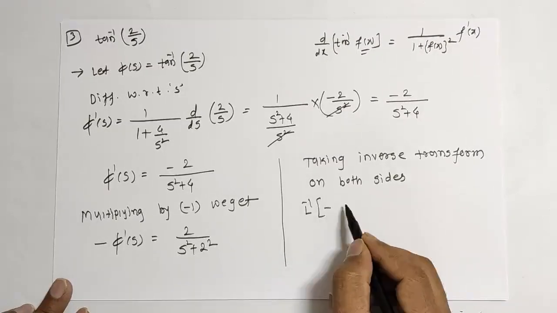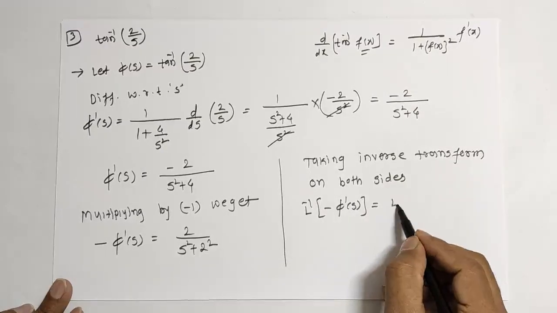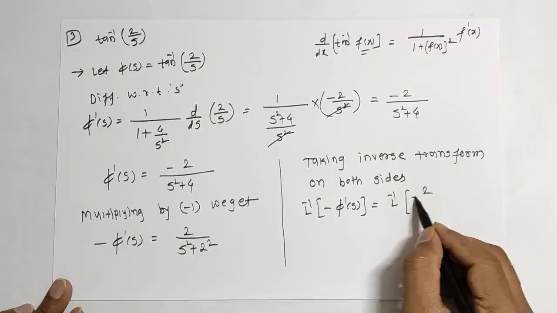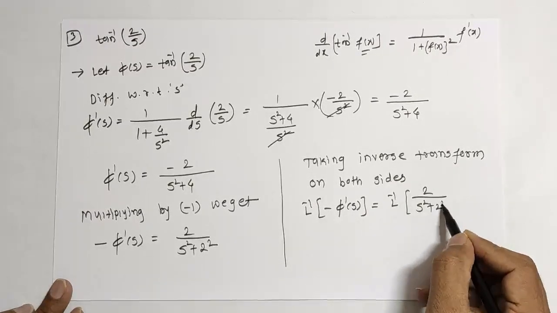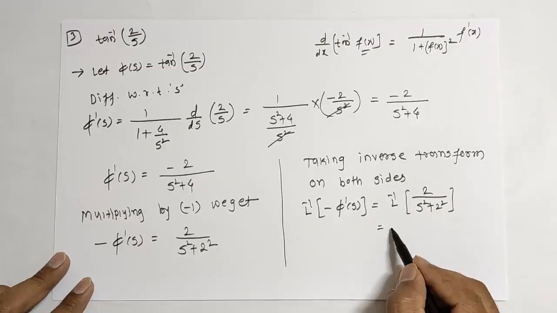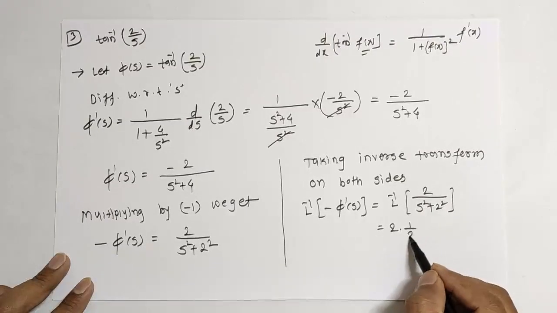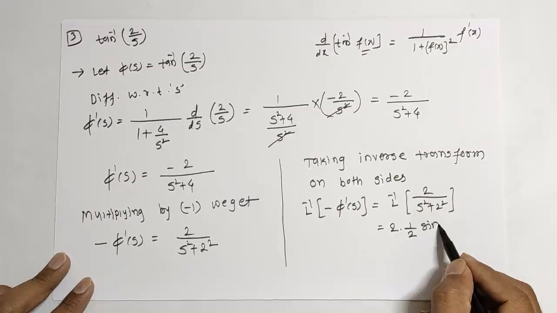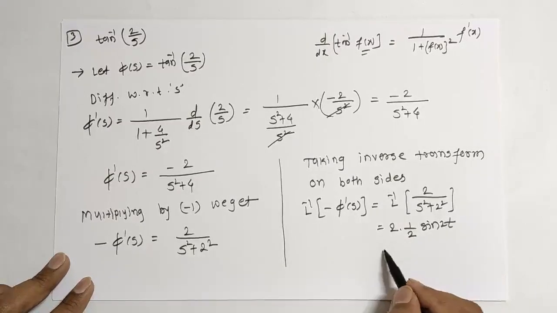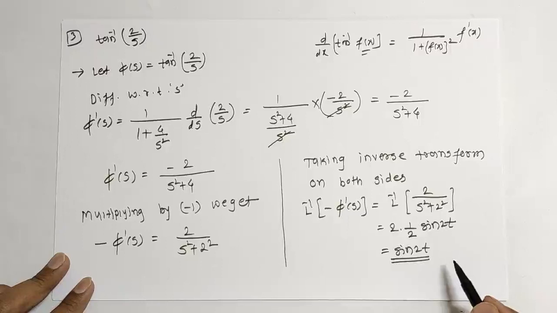So L inverse of minus phi dash of s is equal to L inverse of 2 upon s square plus 2 square. This 2 is constant and L inverse of 1 upon s square plus 2 square is 1 by 2 and sine of 2t, 2 gets cancelled. So this is sine of 2t simply.